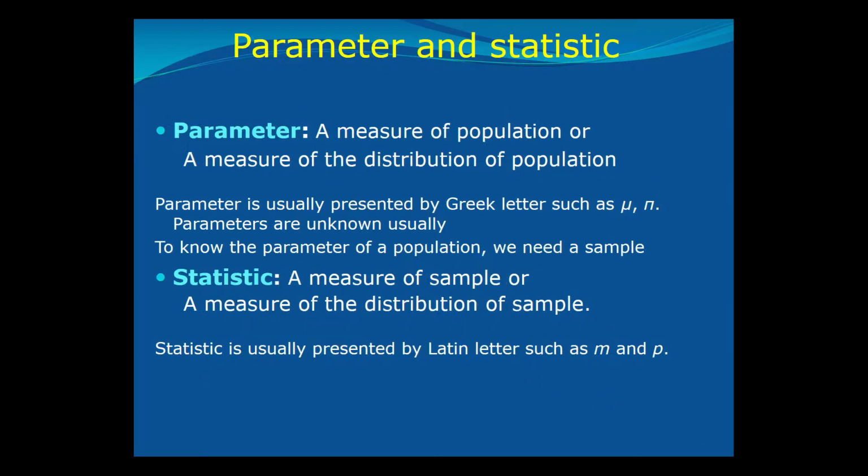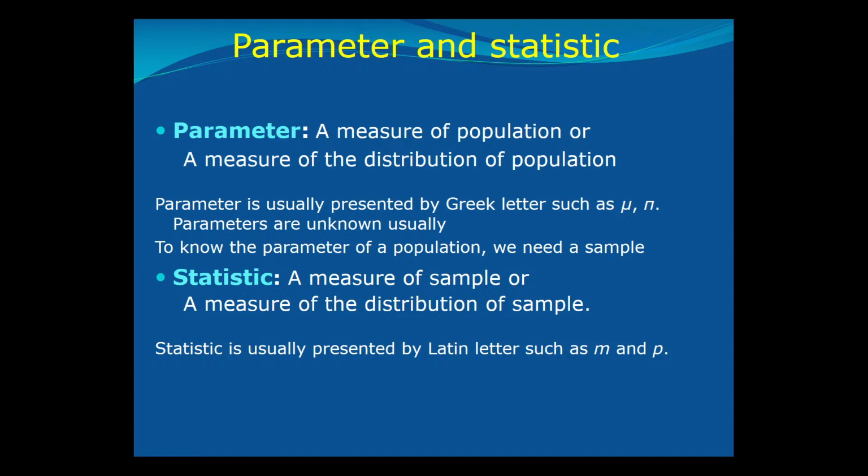Two more important elements in statistics. Parameter. A parameter is a measure of population or a measure of the distribution of population. Parameters are usually presented by Greek letters such as mu, p, and so on. Parameters are usually unknown. To know the parameter of a population, we need a sample.